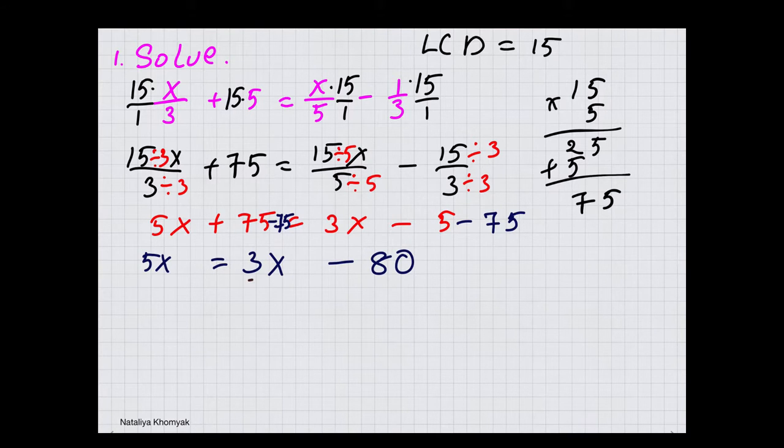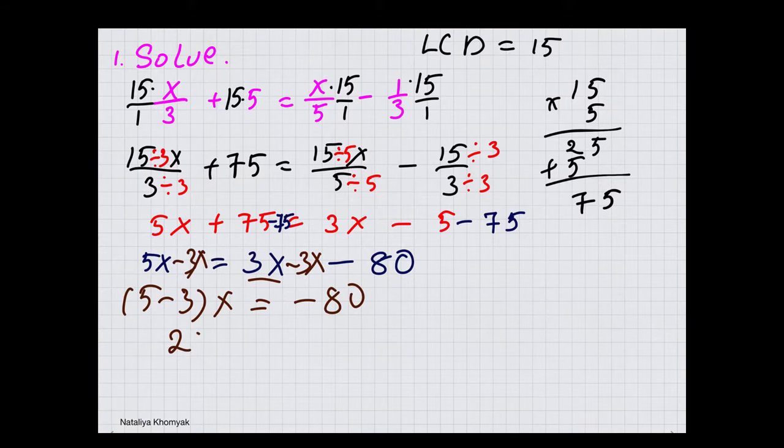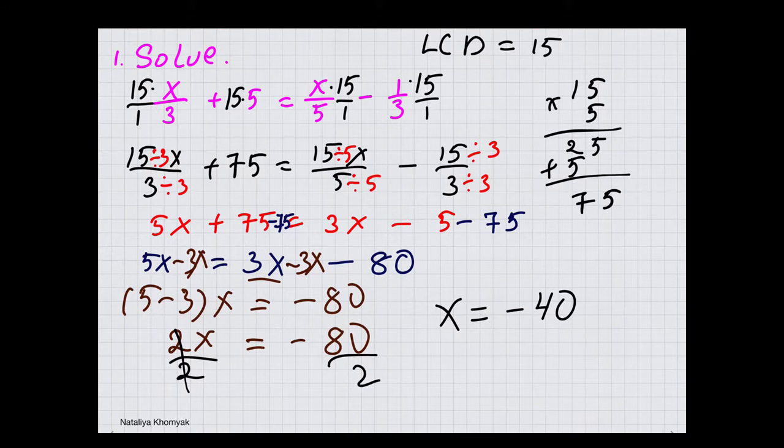I want this x on the other side of the equal sign, so the additive inverse is negative 3x. 5 minus 3 of x equals to negative 80. Difference between 5 and 3 is 2. x equals to negative 80 out of 2, so x is equal to negative 40.